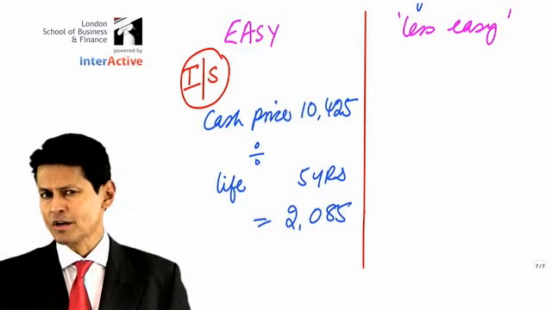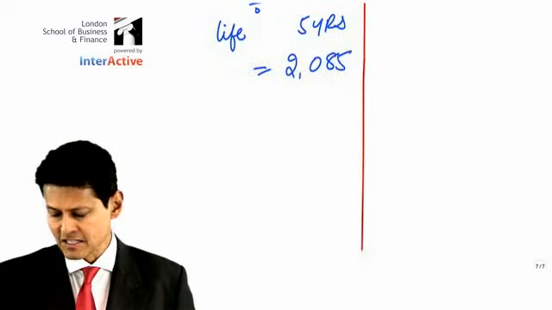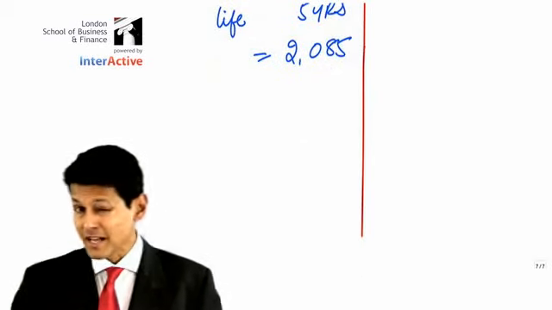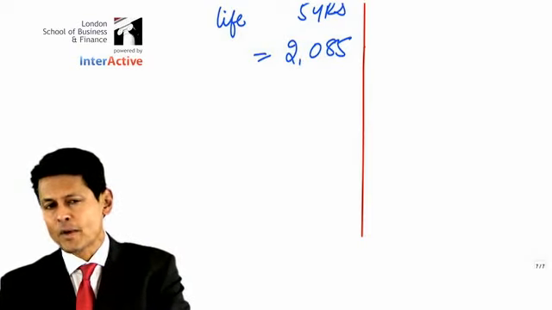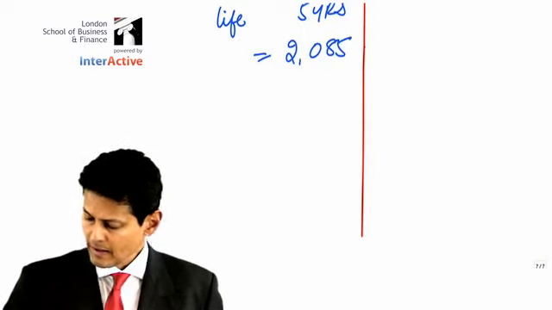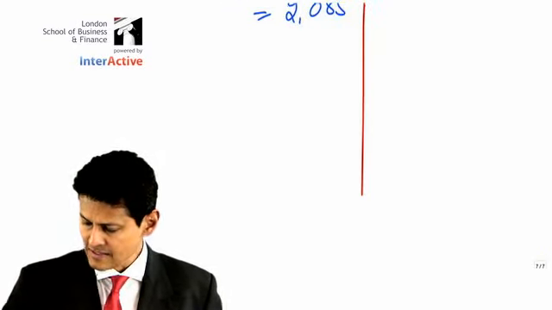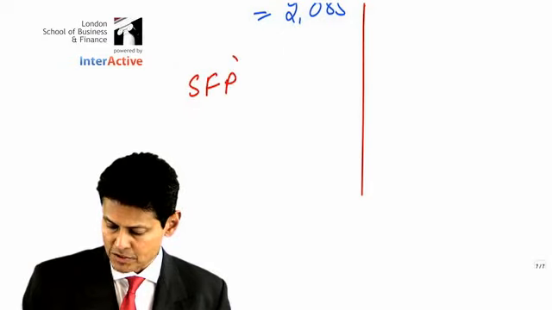Our examiner, Steve Scott, tends to be quite fair. Most students find leasing a little bit difficult because they haven't done a proper course. And so he tends to make the questions quite clear. Now, if you leave a couple of lines, we can then move down to our statement of financial position.